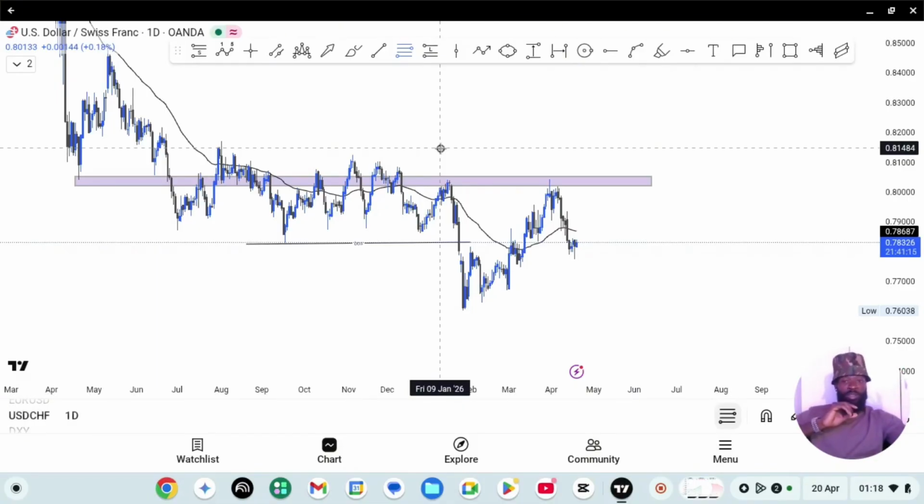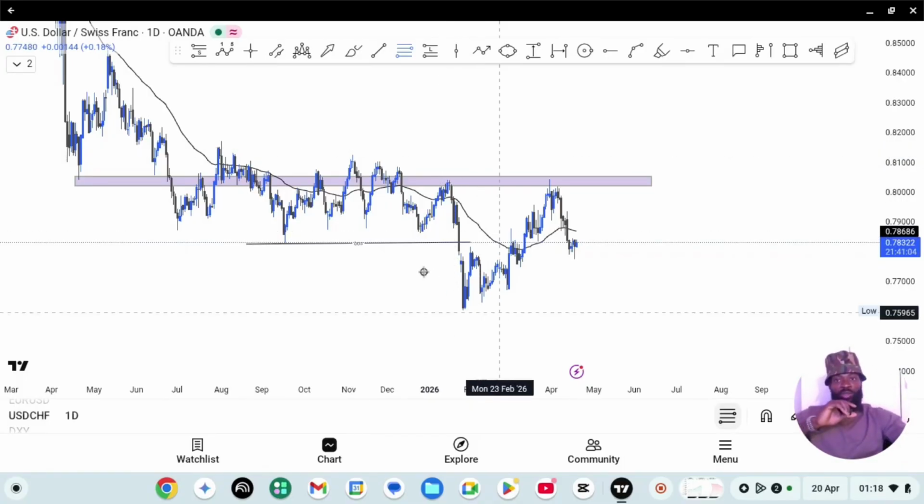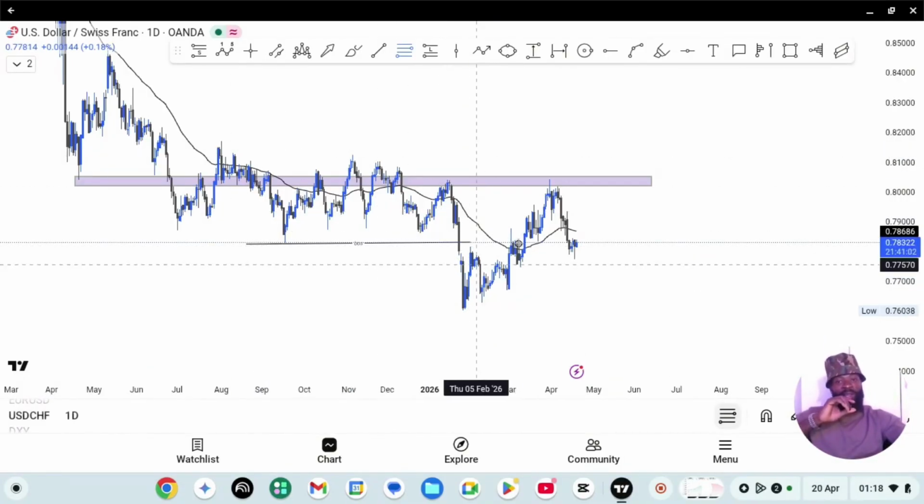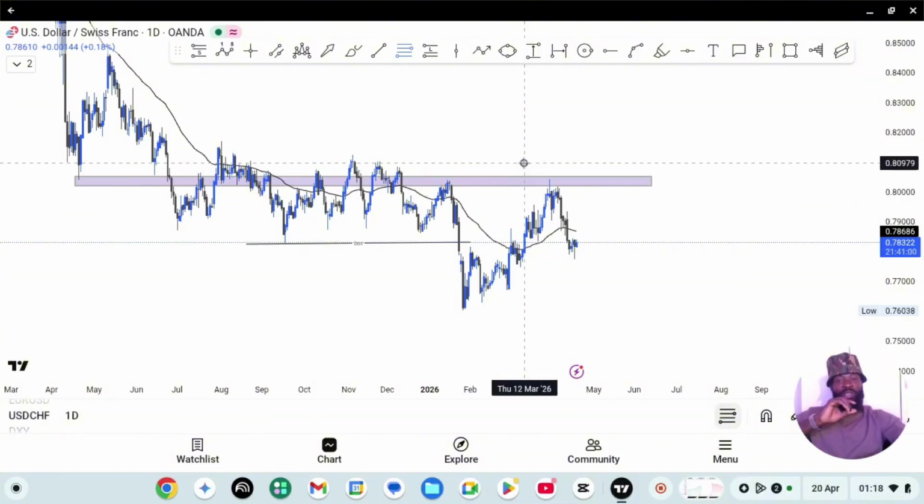Vice versa, when the market is in an uptrend, wait for the market to push back to your discount area to look for an opportunity to buy. Here we are in a clear downtrend, so we need to wait for the market to come to our premium area to look for a selling opportunity.